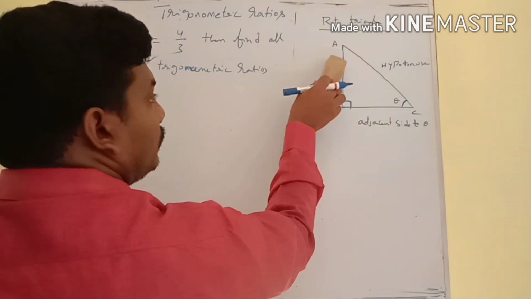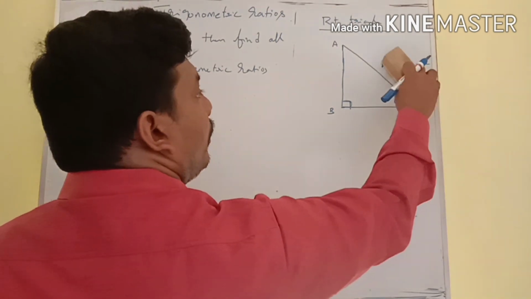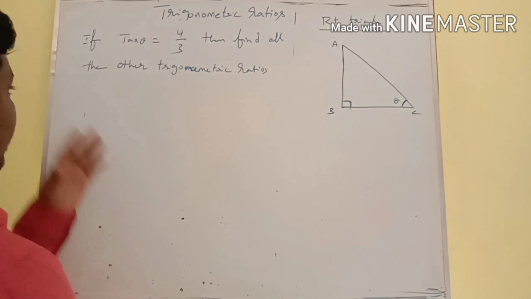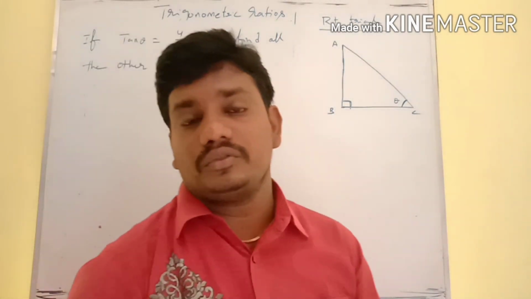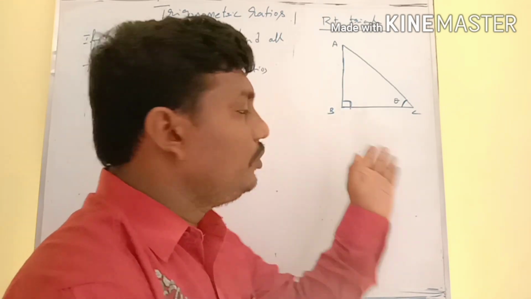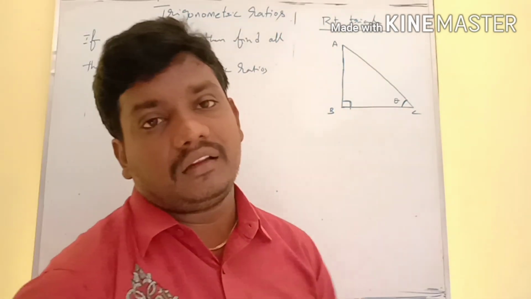How do we solve this problem? It is a very important problem. When you know one ratio, how do you find the other ratios?